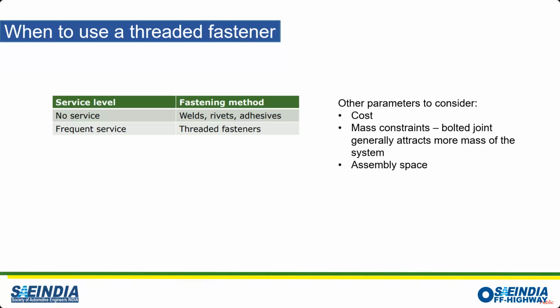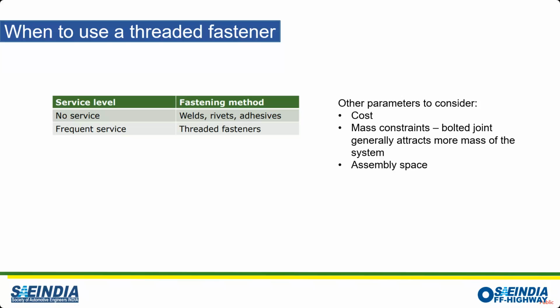These are the two types which mainly dictate what type of fastener you will be using. So threaded fasteners are for the service purpose, and there are some other parameters which you need to consider, and based on that you need to select the type.